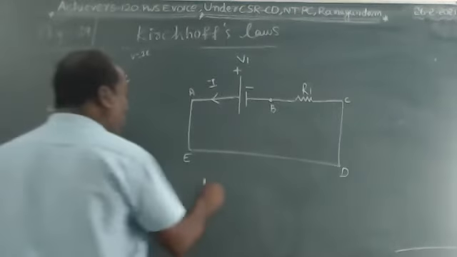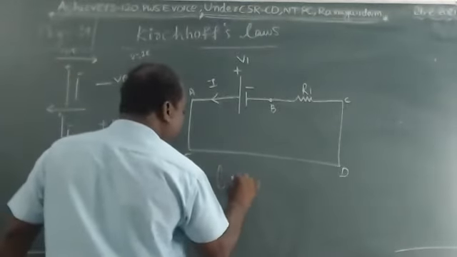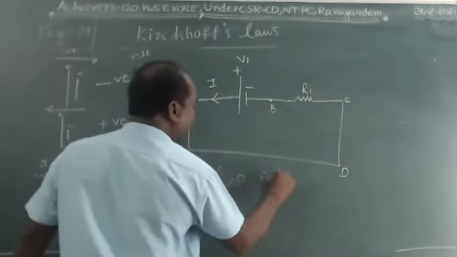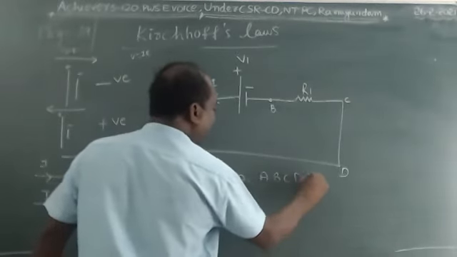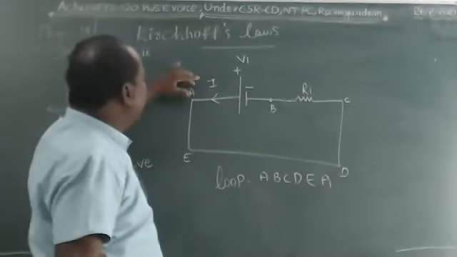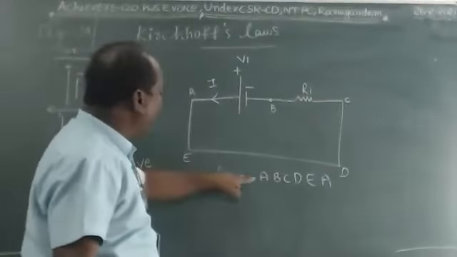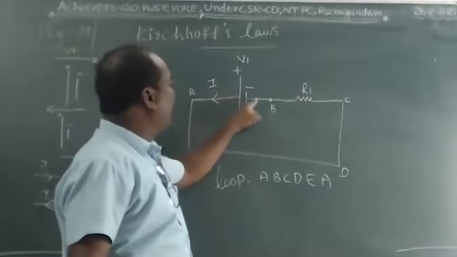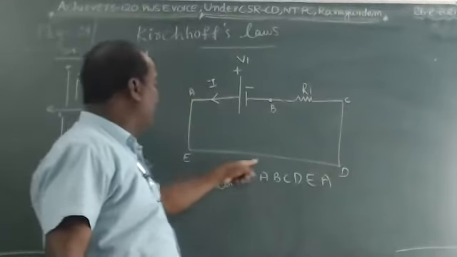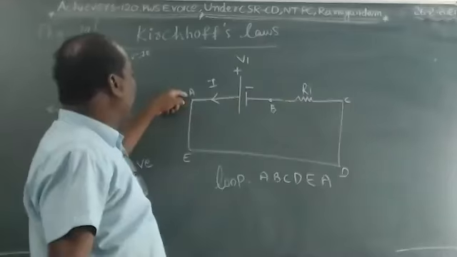So according to the loop, what is the loop? A, B, C, D, E, A. It means the potential difference moves this way according to the loop.